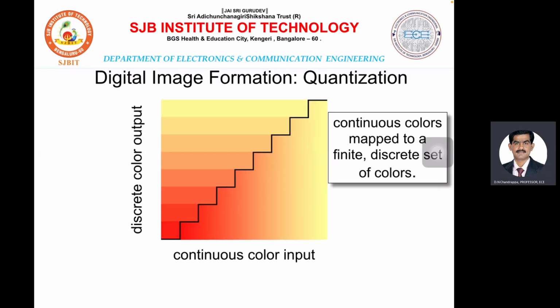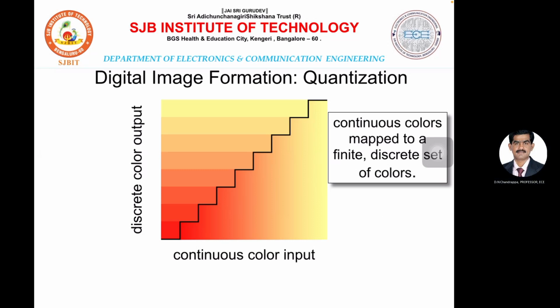So here, digital image formation and quantization: continuous color input with respect to discrete color output. We'll look at this slide. We have an image with continuous color input and discrete color output.